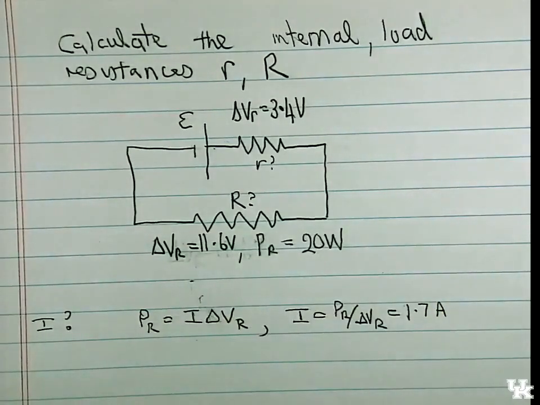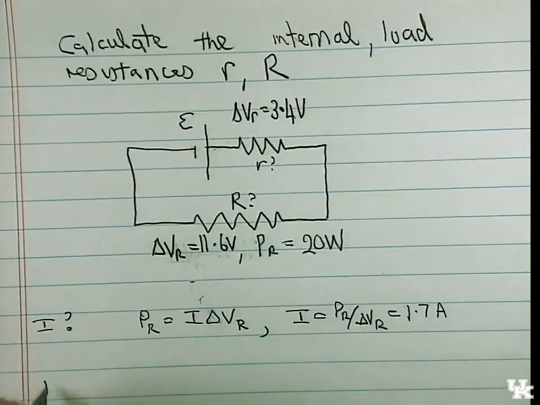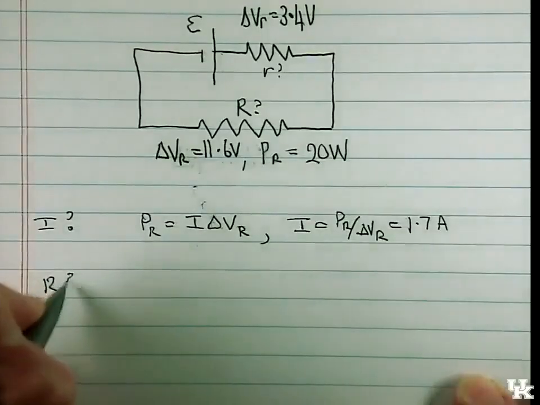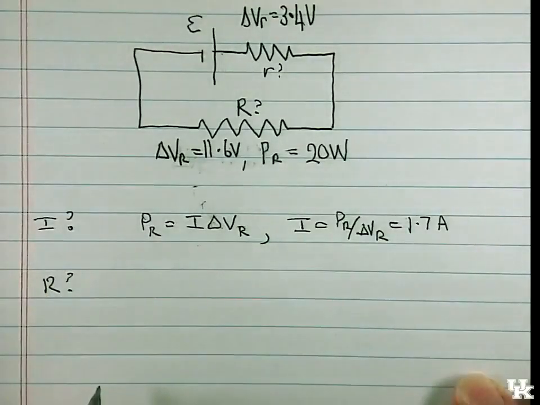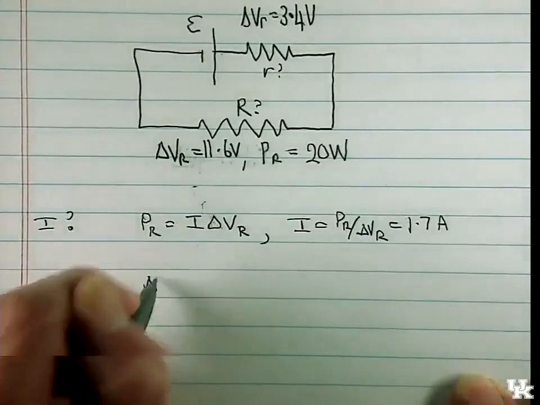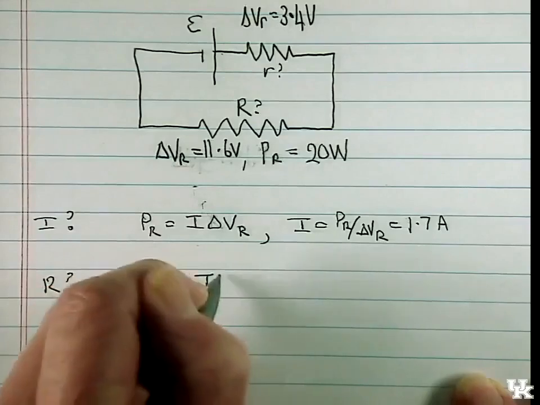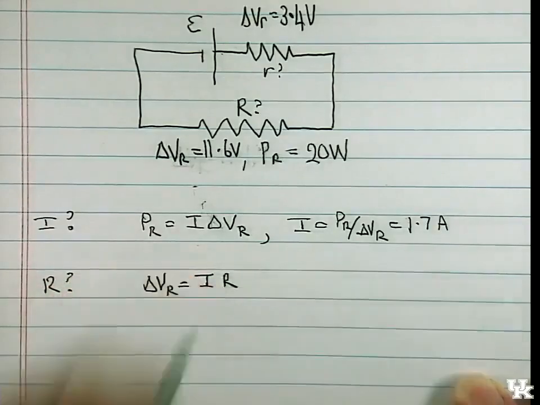And so now I'm essentially home and dry. I can solve the internal resistance because I know the current through it and its voltage. I can solve the load resistance because I know the current through the load resistance and its voltage. So let me solve for the load resistance. Ohm's law says that the voltage across the load resistance is the current through the load resistance times the resistance of the load resistance.